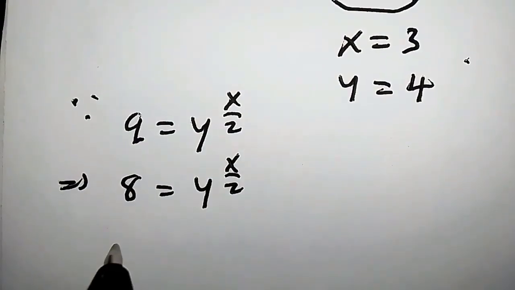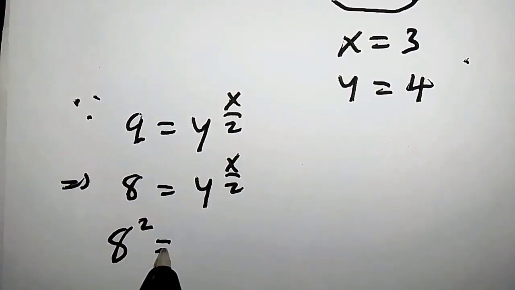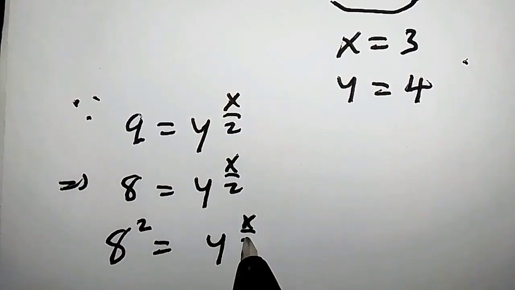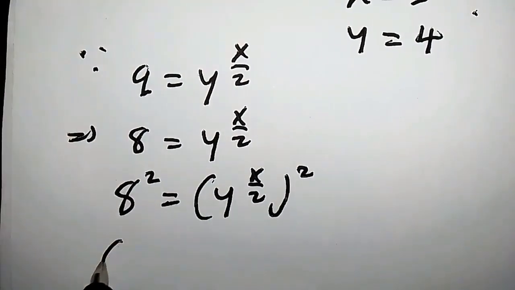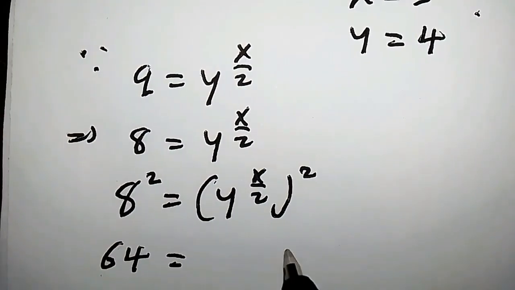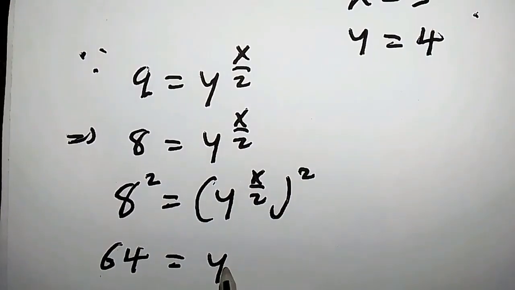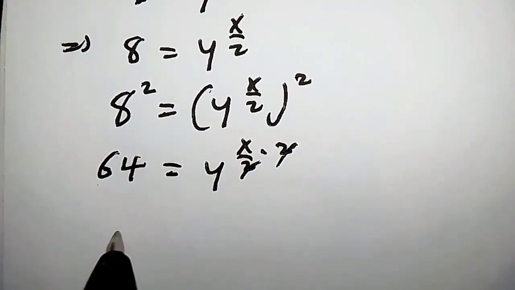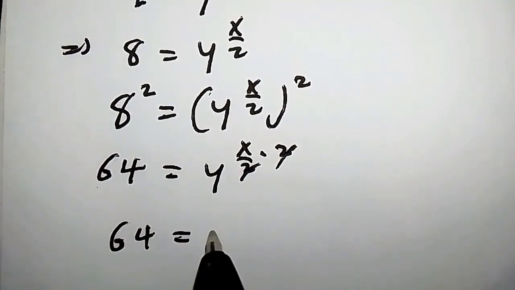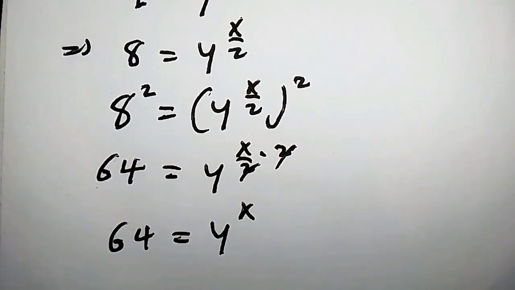Take a square of both sides. That will be 8 square equal to y raised to x over 2 times 2. What is 8 square? That is 64 equal to y raised to x over 2 times 2. And clearly, 2 cancels 2. We are left with 64 equal to y raised to x.